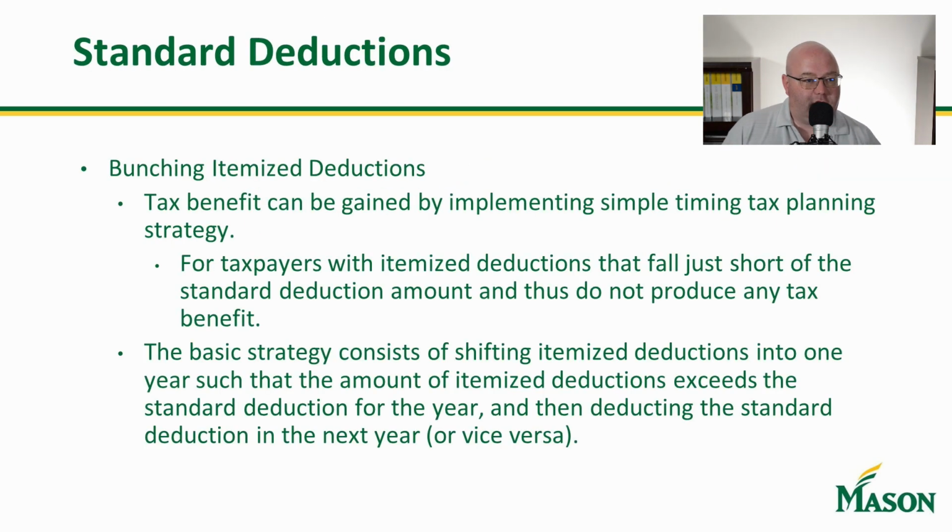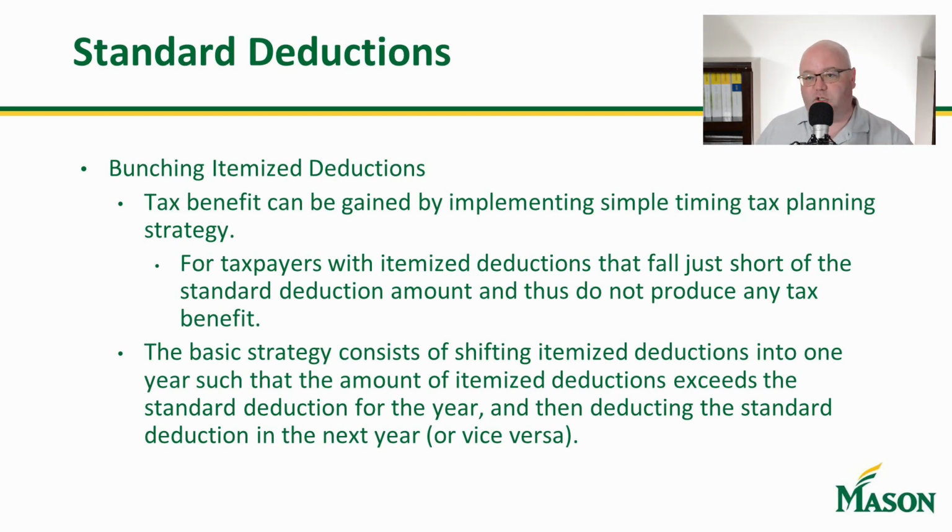All right, standard deduction. You can bunch itemized deductions. Tax benefits can be implemented by simple tax timing. I had this actually with a client once where we were planning their tax returns for the following year. And we said, look, next year you're going to itemize. The following years after that, they were going to be standard. I think they were selling a house or something like that. And the person said, look, we got a whole bunch of money, but we don't want it. We're going to give it to a church.